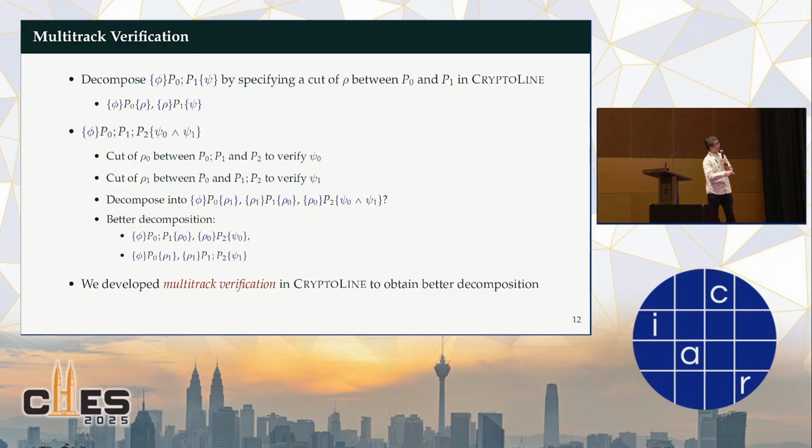Here we can actually obtain a better decomposition such that both psi 0 and psi 1 can be verified. So we developed a multi-track verification in Crypt9 to obtain such a better decomposition. Basically, we say that these are on track 1 and these are on track 2, so they will be decomposed separately.